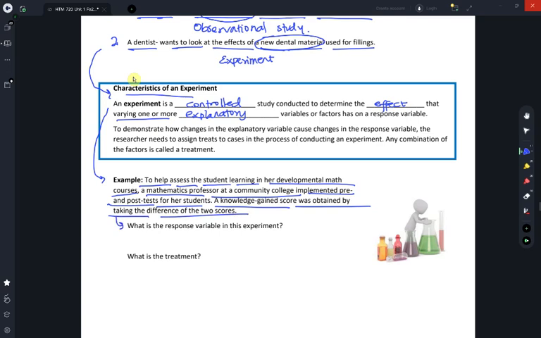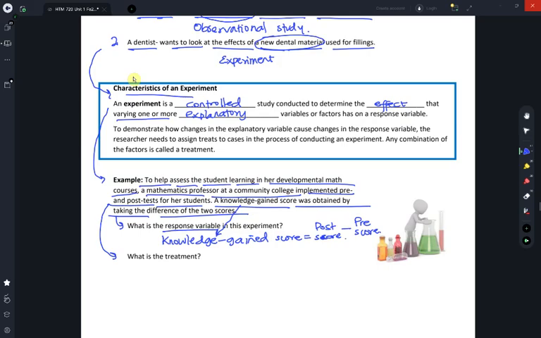What would be the response variable in this experiment, and what would be the treatment? I would argue that the knowledge gain score would be the response variable, because the goal is to compute the difference between the post-class score and the pre-class score.